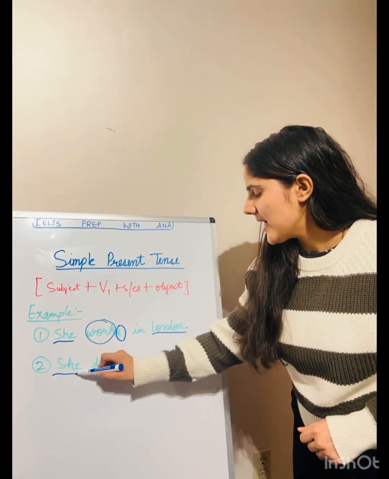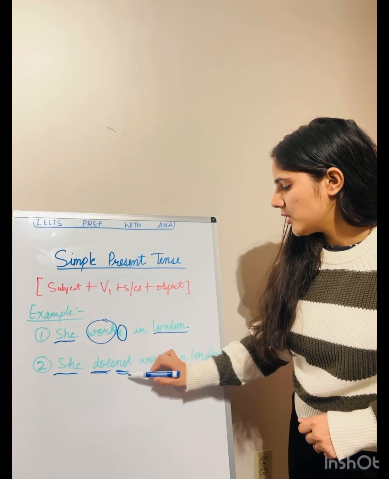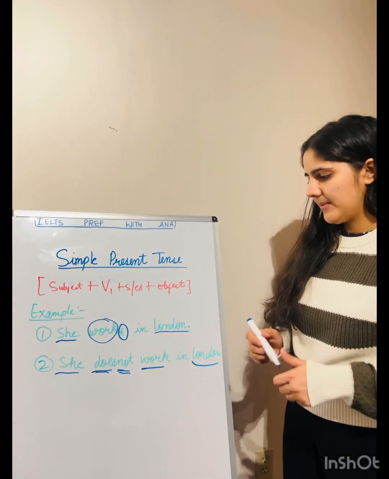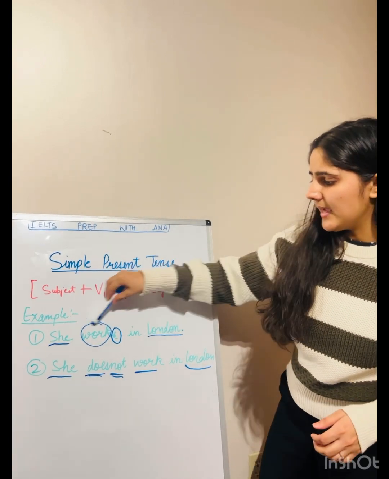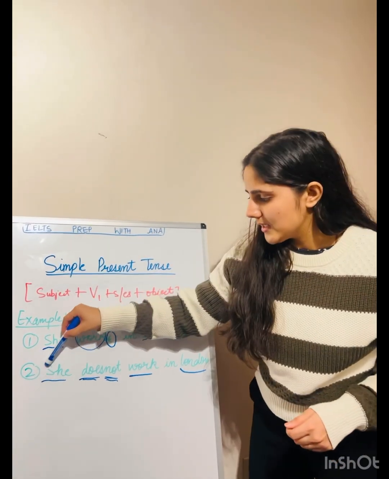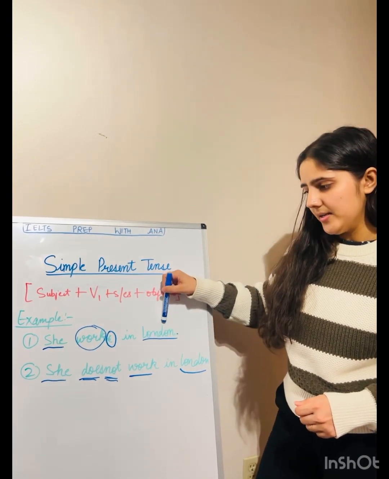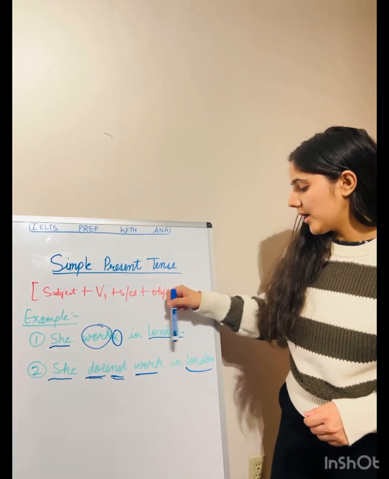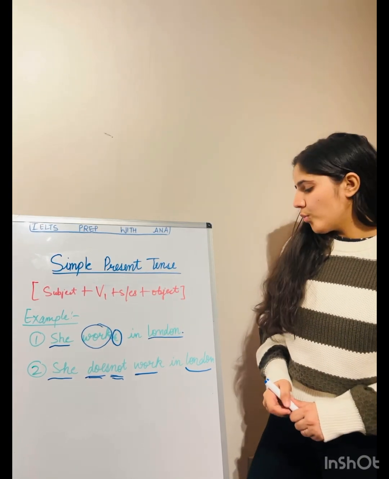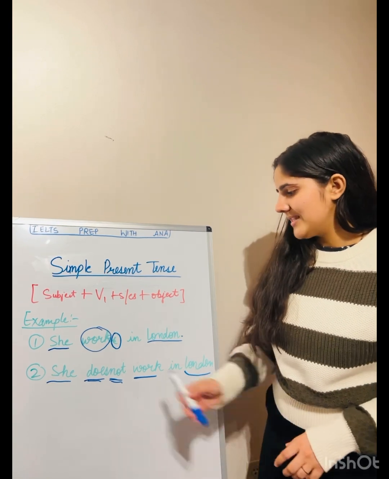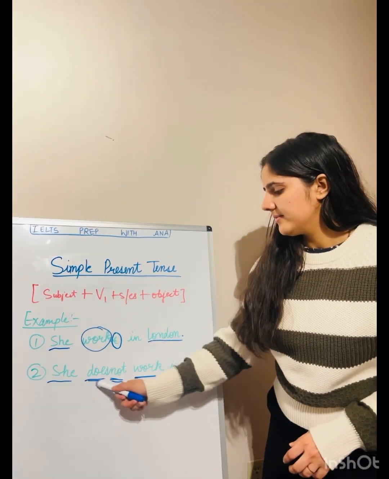She is the subject, and then do or does, not, this is the verb first form, and then this is object. This is the assertive sentence, and this is the negative sentence. She works in London. She does not work in London. So why we didn't use s here? Because we already used s here in does.